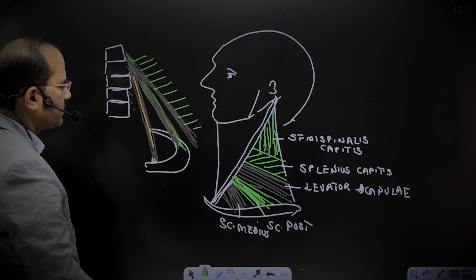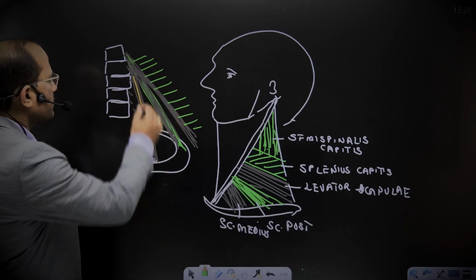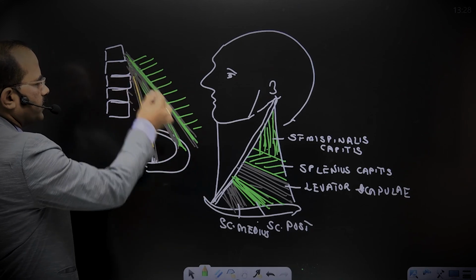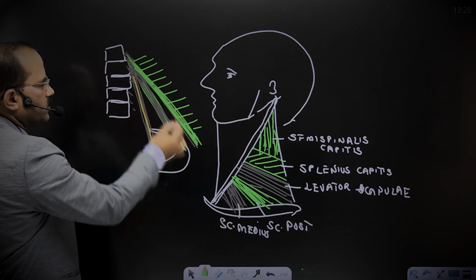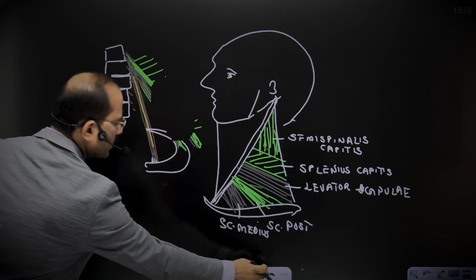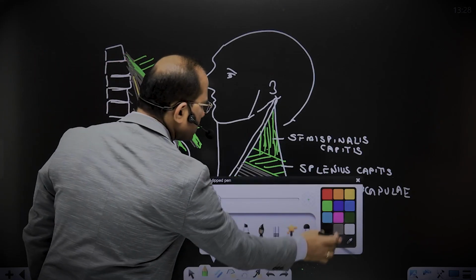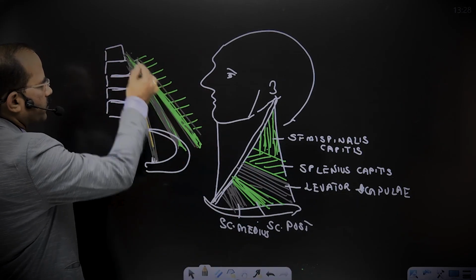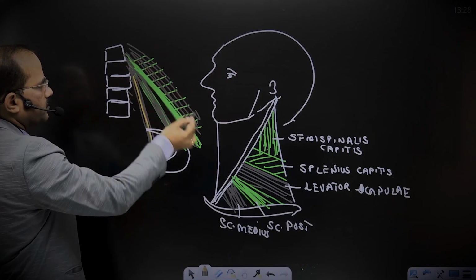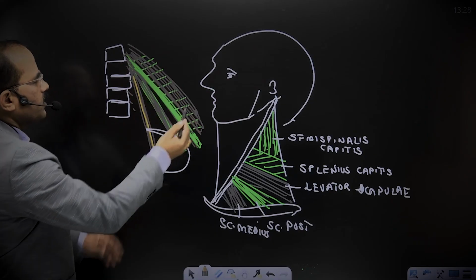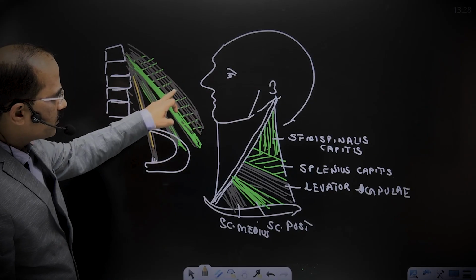This is scalenus medius, this is scalenus posterior. The next muscle that we draw is the levator scapulae. So scalenus medius, scalenus posterior, levator scapulae.